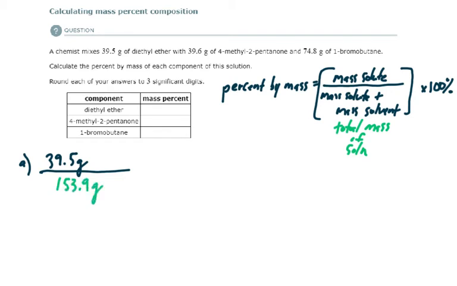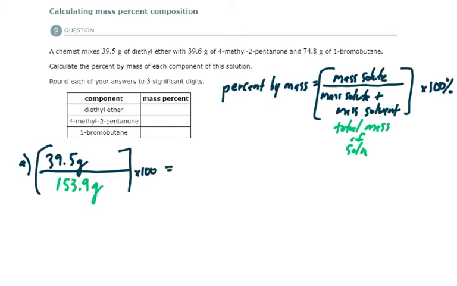Now I'm going to caution you all, be careful, do not round this intermediate value. What you get here for a total mass of solution, after adding up the masses of all the components, don't round it. Carry your decimal places. We won't round our intermediate values. We'll round when we get to the end to 3 significant digits. Okay? So all of this is going to be multiplied by 100, because it's a percentage.